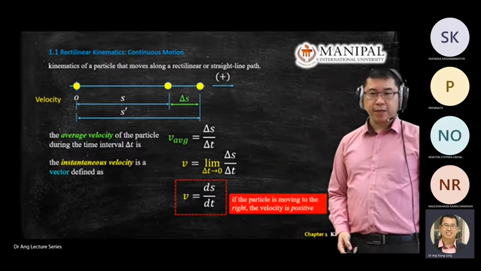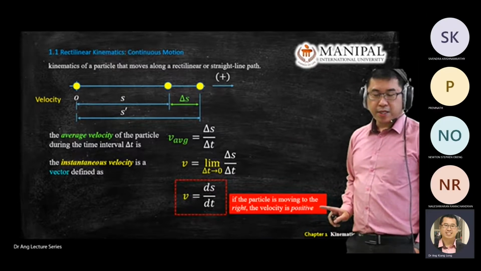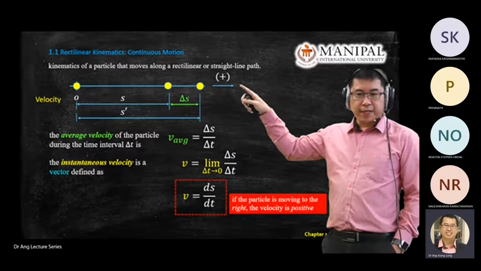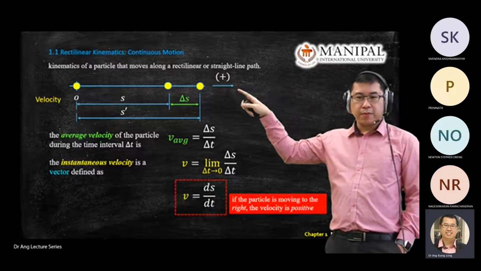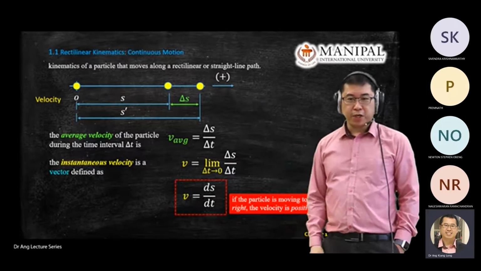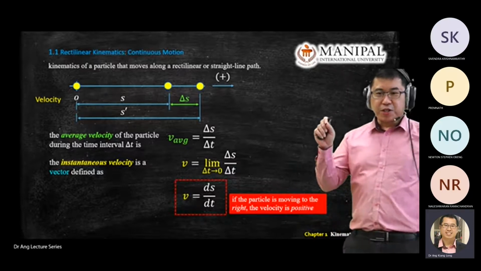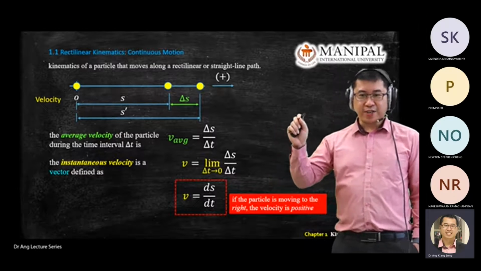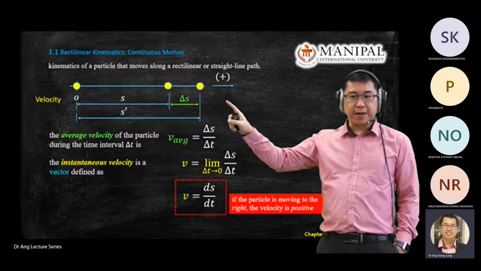Okay. So this is another highlight. I highlight for you. So for kinematics or for engineering dynamics, the direction is very important because we deal with vectors. Okay. Displacement is a vector. Velocity is a vector. So direction is very important. Okay. Vector, you have magnitude and direction.